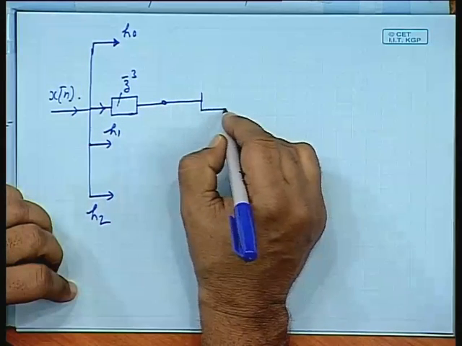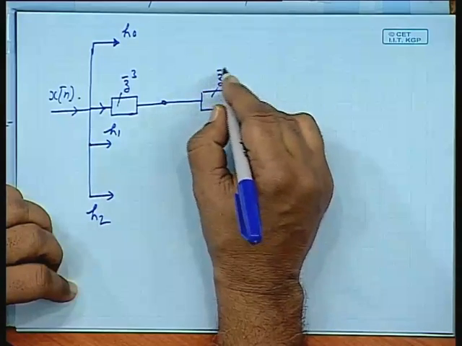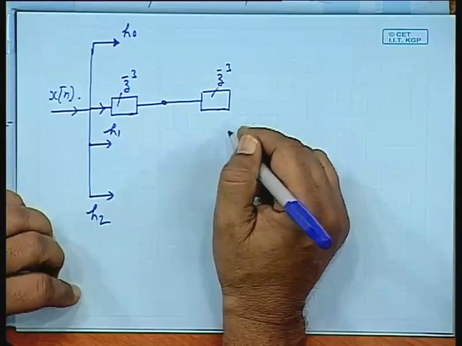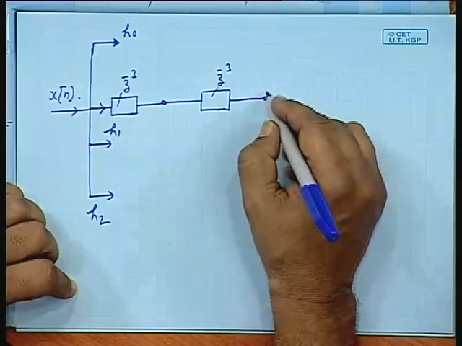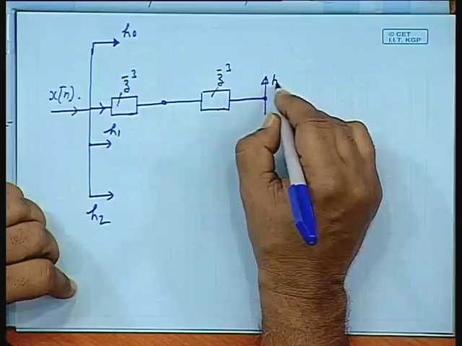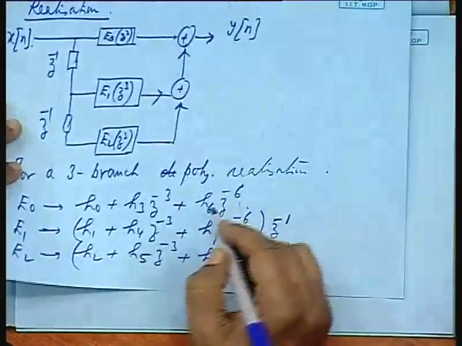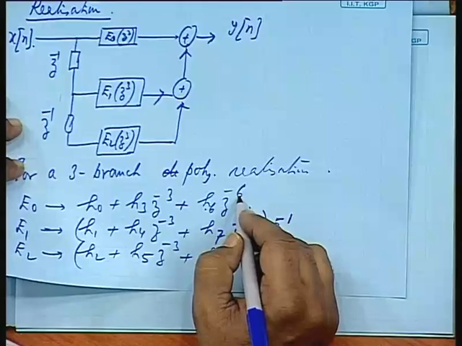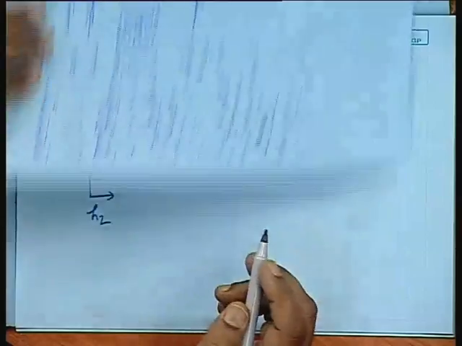I can put another z to the power minus 3. Then from here I can have a multiplier h 6. Now, you see h 6 is multiplied by z to the power minus 6 added with h 0 and h 3 z to the power minus 3.